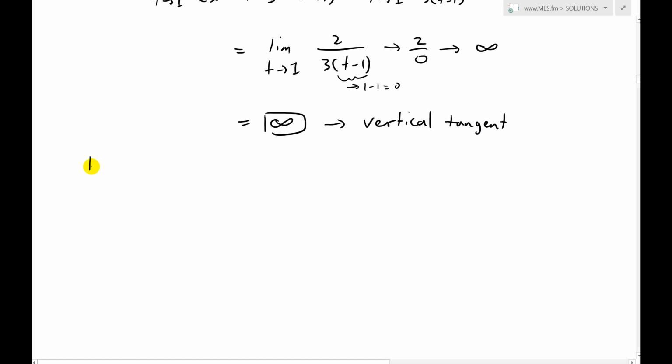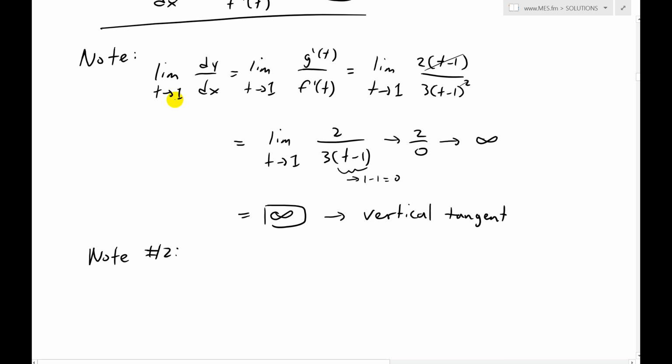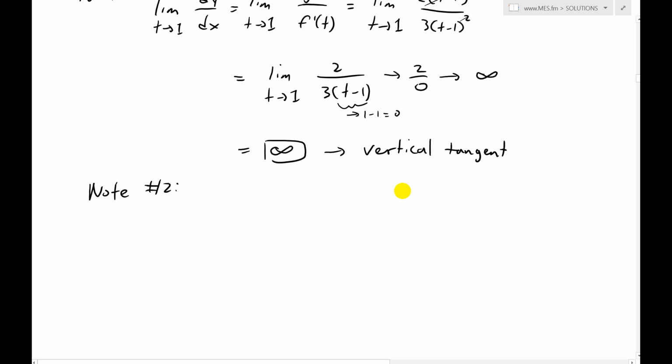And now I'll just write another note, number 2. Basically, we have to consider approaching 1 from the left or the right side, because as you can see here, we're going to have either positive or negative infinity. So note the limit as t approaches 1 from the right side, the plus side of it, we have 2 over 3(t minus 1), and if it's from the right side, we're going to have, for example, 1.1 minus 1, so as it gets closer to 1, it's always going to be greater than 0.